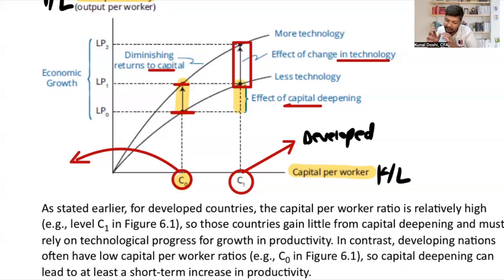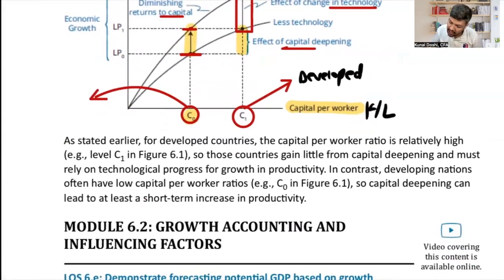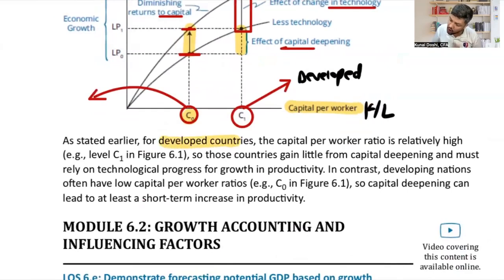So C1 is basically displaying how in developed economies the capital per worker is already high. So these countries have little to gain from capital deepening by putting in more capital and therefore must rely on technological progress. And therefore you see these countries spend more on research and development, more on patents. Okay. So this is how the developed economies will be.